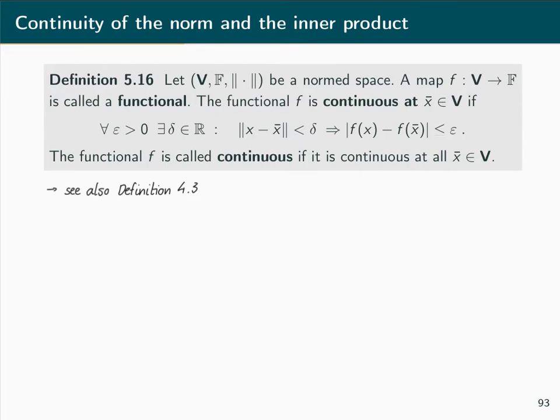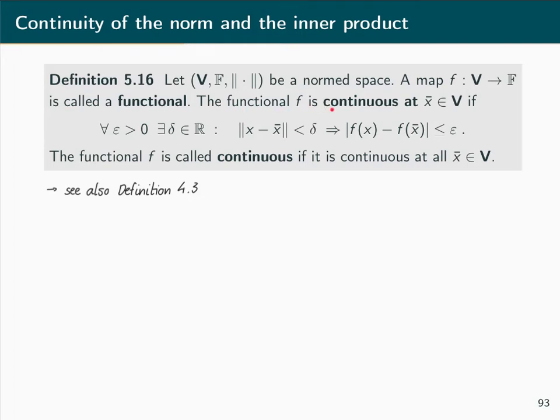The only specialty here is that we're looking at a particular class of functions, namely those which map from a normed vector space V into the field and which are also called functionals. In other words, the only special thing about a functional compared to a normal function is that a functional maps from a vector space into a field.